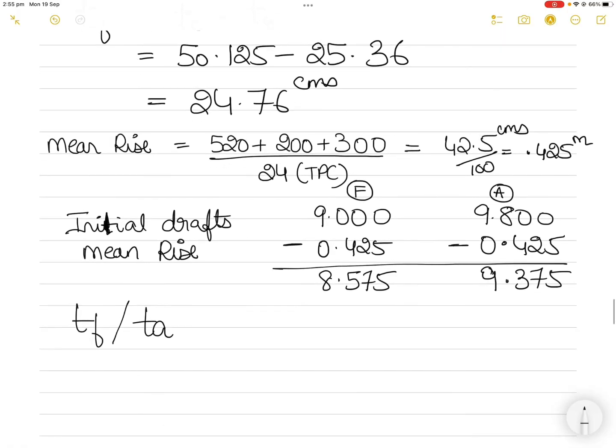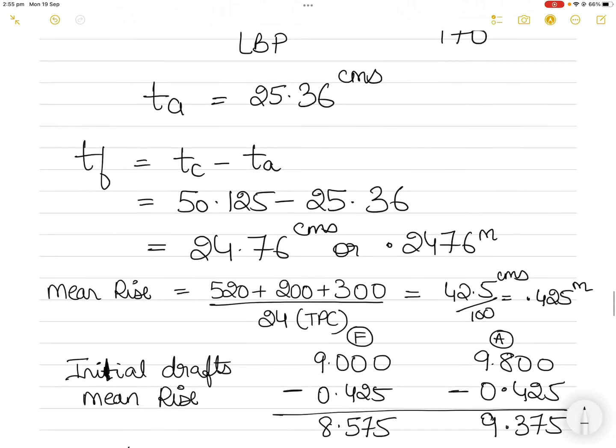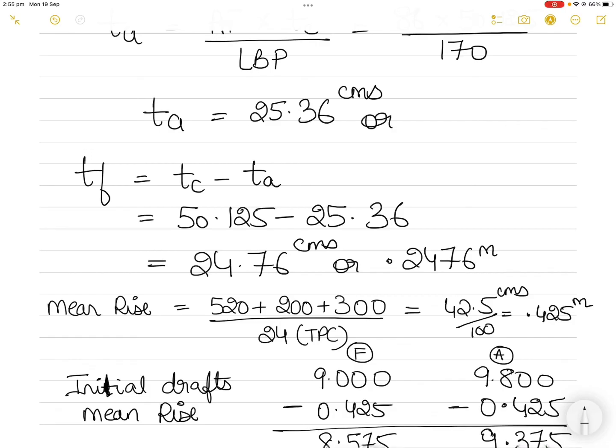So remember, TF is 24.76, so this can be converted to meters as well, 0.2476 meters, and this 25.36 can be divided by 100. You just divide by 100 to convert centimeters into meters. This becomes 0.2536 meters.